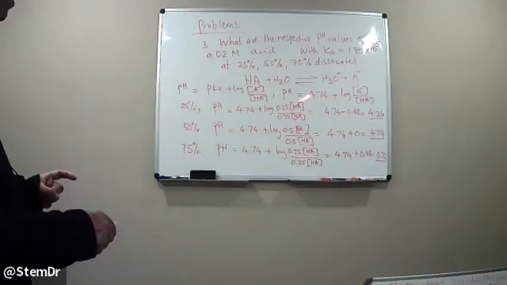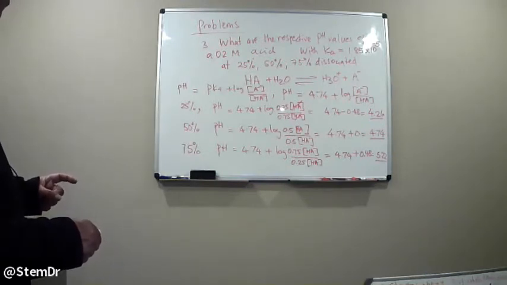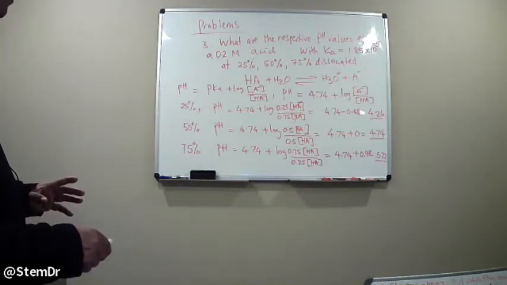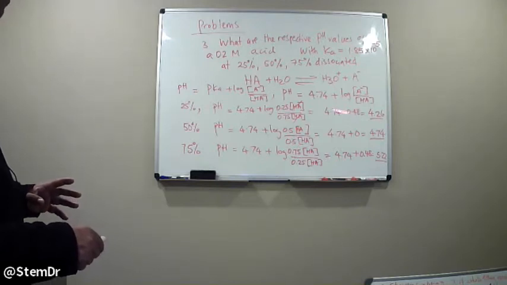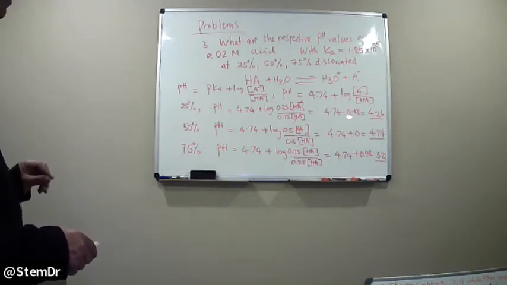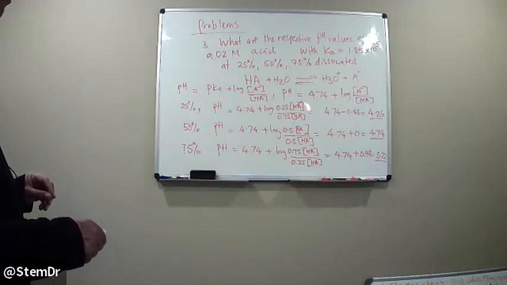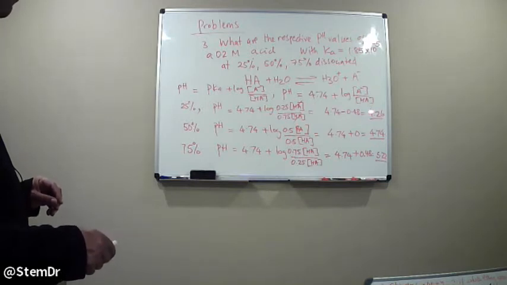You'll cancel this. 0.25 to 0.75 is 0.333. That means the logarithm of 0.333 would be minus 0.48. Of course, it's less than 1. So the pH would be 4.74 minus 0.48. Now the pH is 4.26.